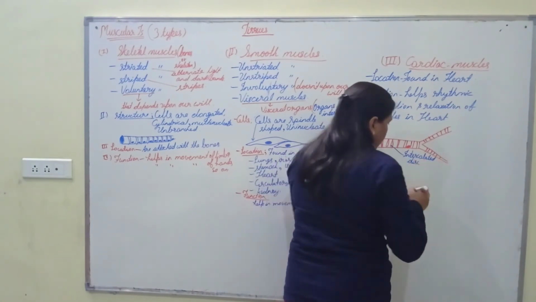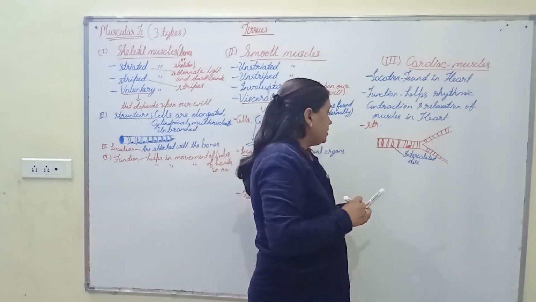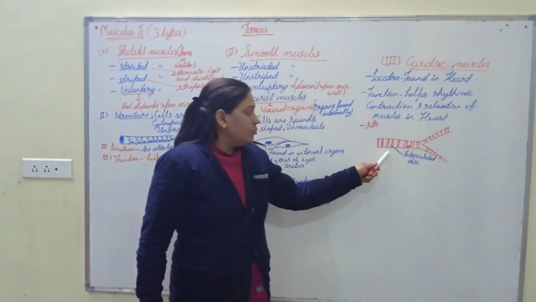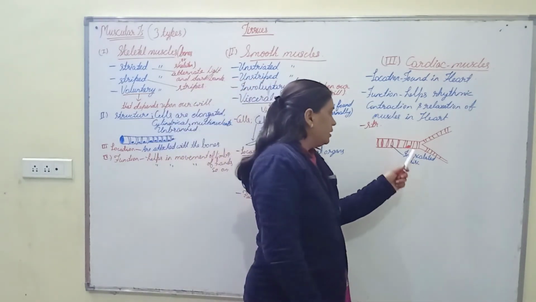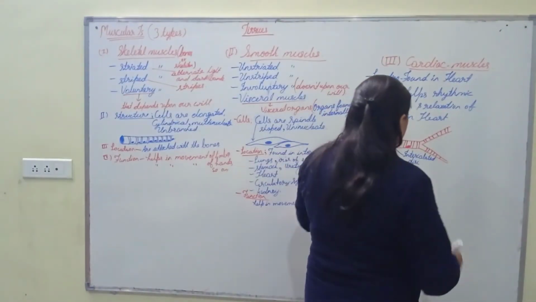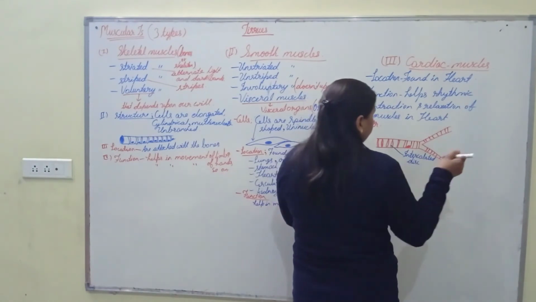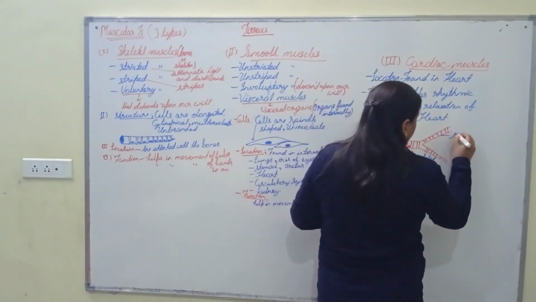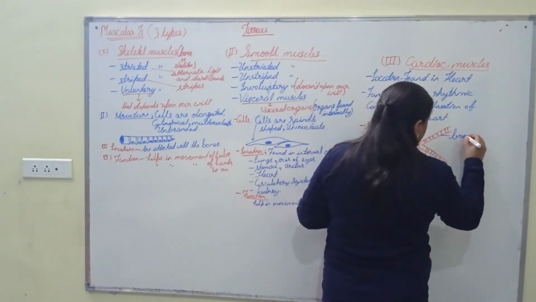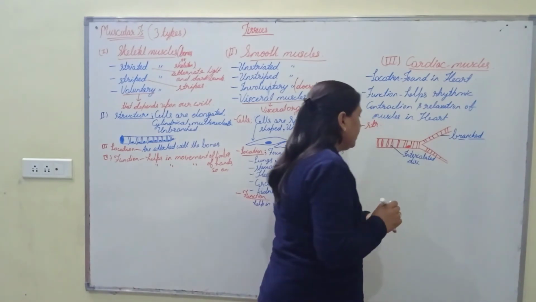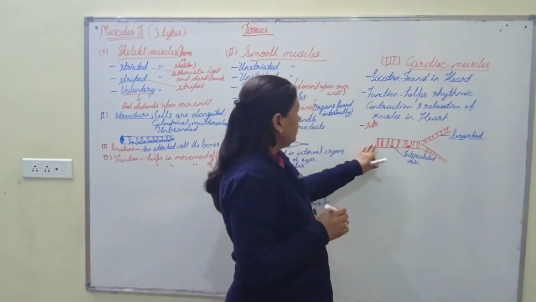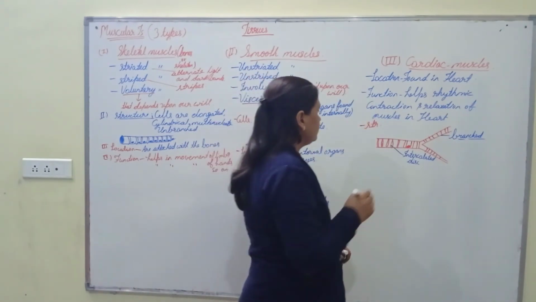The intercalated disc helps in the communication between cells, and this is the nucleus. So this is the branched, uninucleate cell with an intercalated disc. This is the cardiac muscle.